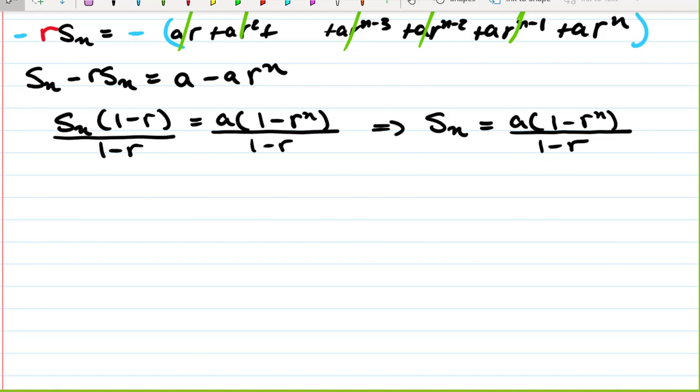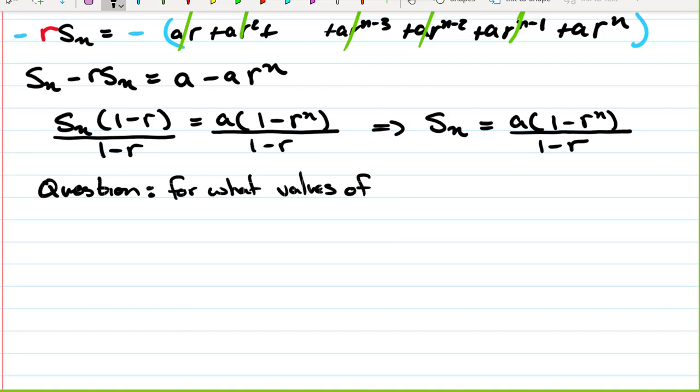And then this raises the question, for what values of r does Sn converge?